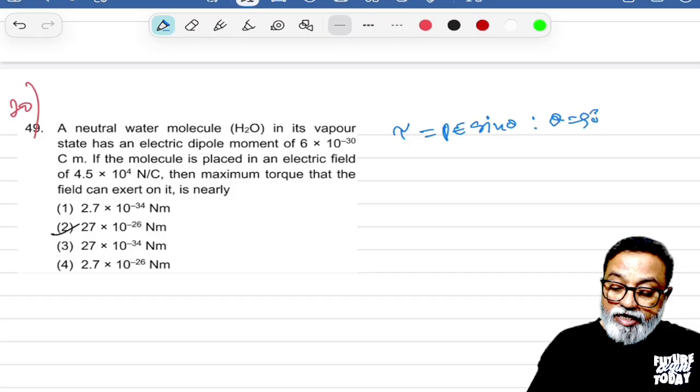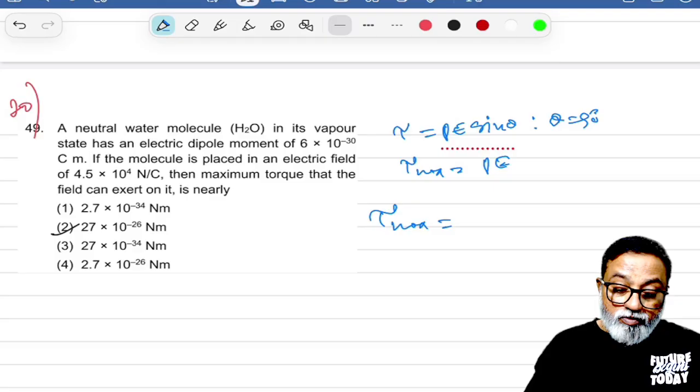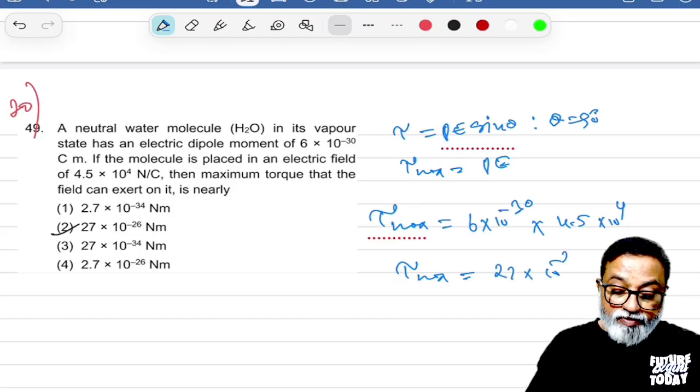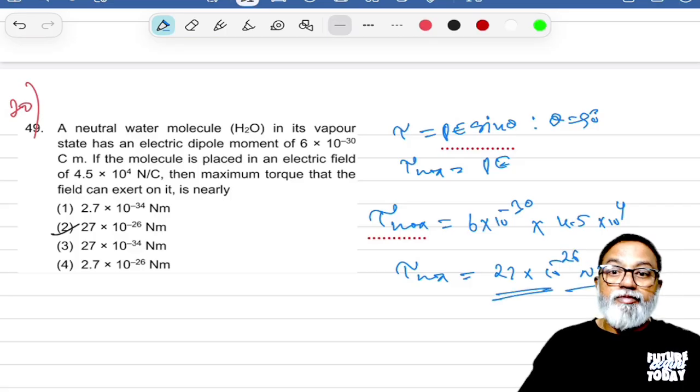When theta is 90 degrees, torque is maximum, that is maximum torque is pE. Therefore tau max is equal to dipole moment 6 into 10 to the power of minus 30, intensity 4.5 into 10 to the power of 4. This becomes tau max is equal to 27 into 10 to the power of minus 26 Newton meter.